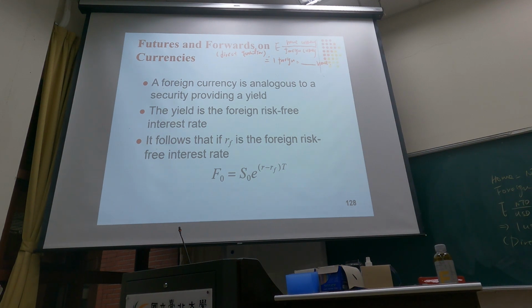Right? So when we want to convert the foreign currency back to the home currency, this is our home, right? So basically, assuming 1,000 USD, you want to convert back to a certain amount of NTD. How do you do that? 1,000 USD times the exchange rate, USD to NTD.